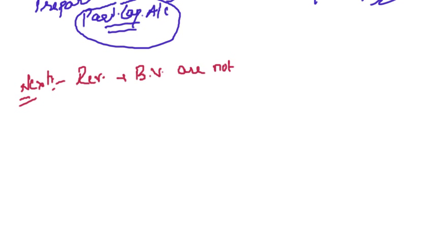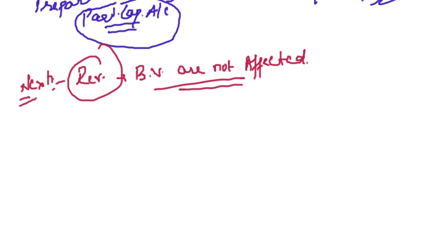Right? So now in the next lecture, we will discuss about this revaluation of assets only. We have one topic that the book values are not affected. That means we have to show the assets and liabilities at book value only. Then how to treat the revaluation?